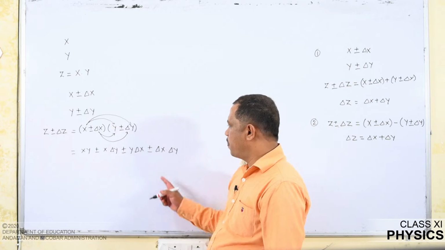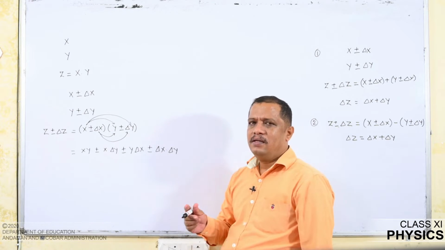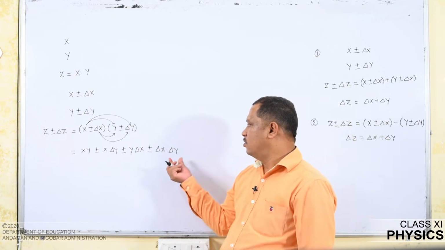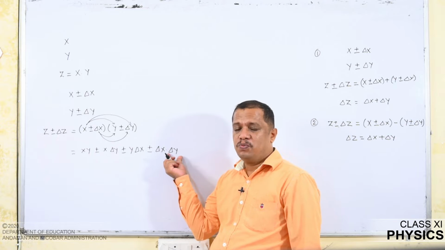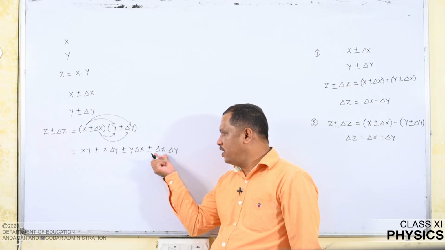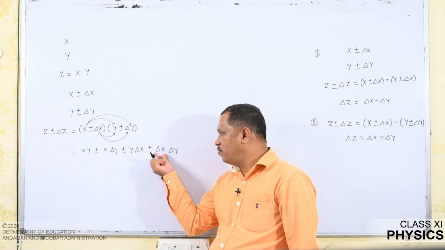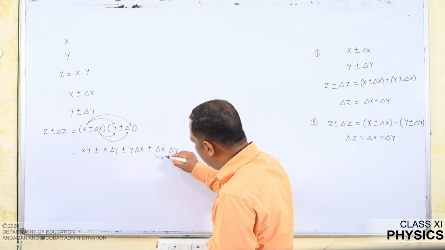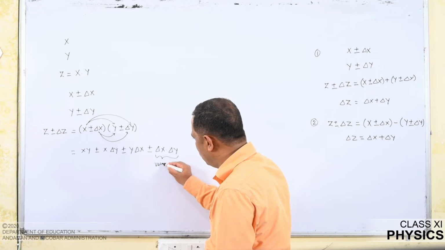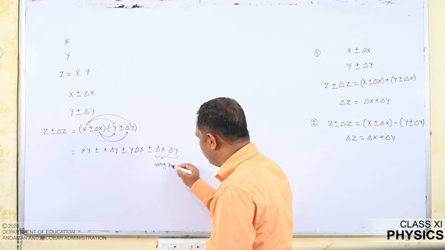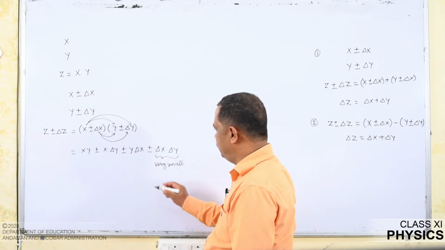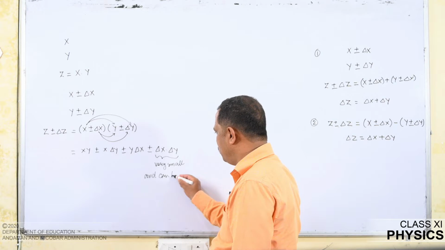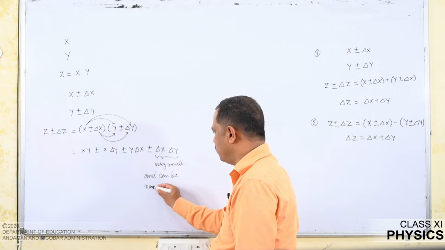Already we know delta x is a small amount in terms of error. So, delta y is also very small. When we find the product of two very small quantities, it is going to be very small, and this product can be neglected from the calculation.